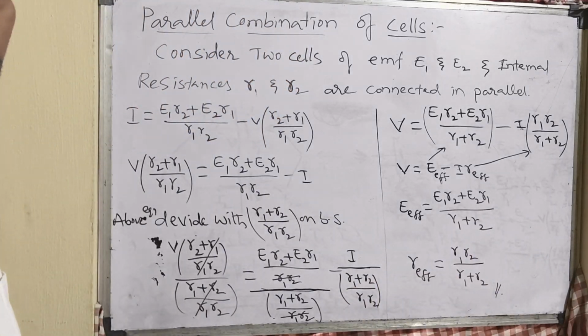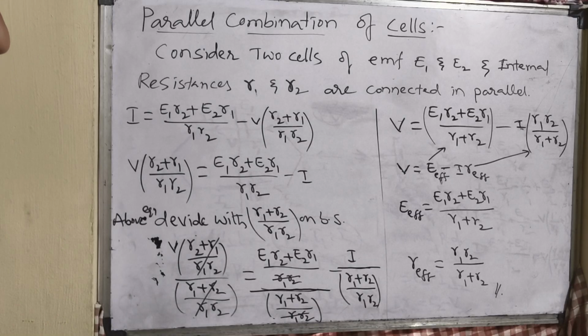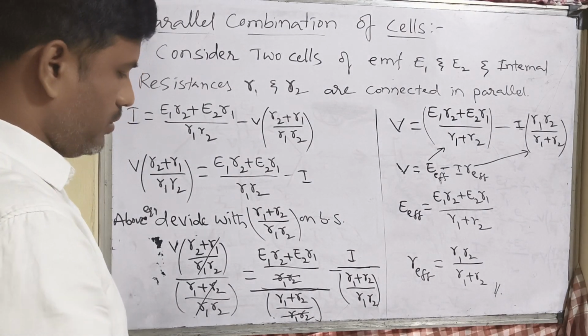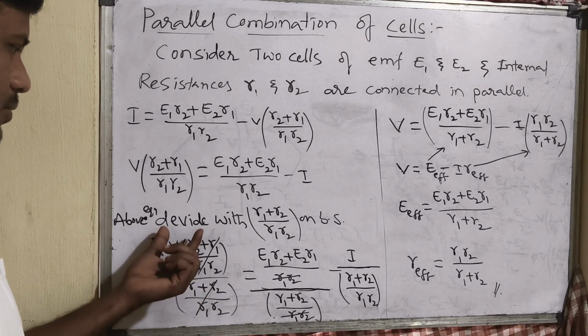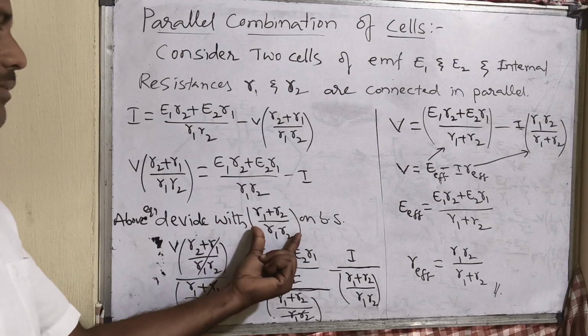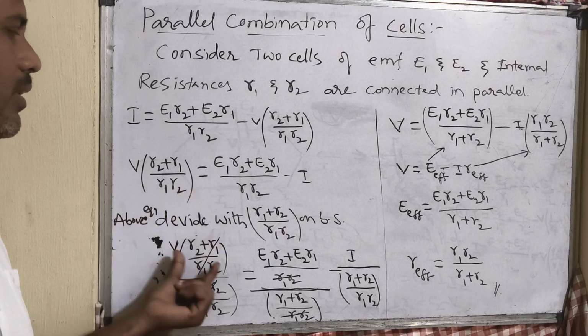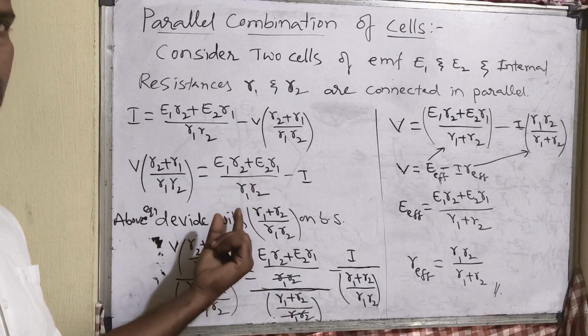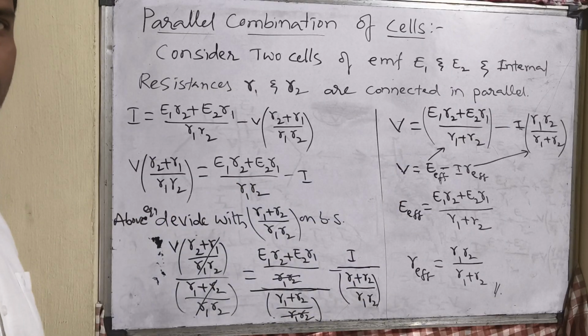So this is the final equation. Up to here only, right? 5 marks. Understood? Clear? Here only most of the students get confused, but here the simple thing is to divide with the same term on both sides, and it will come easy.